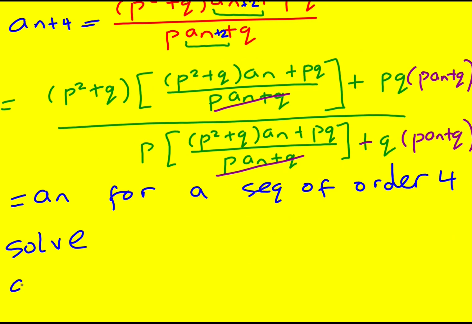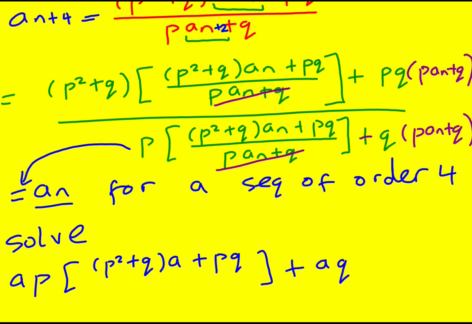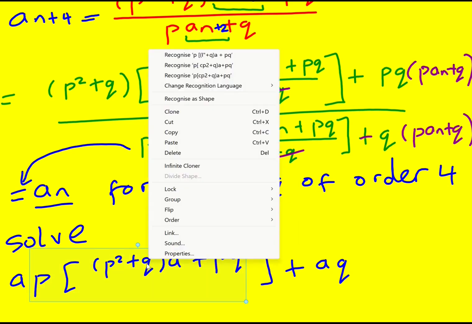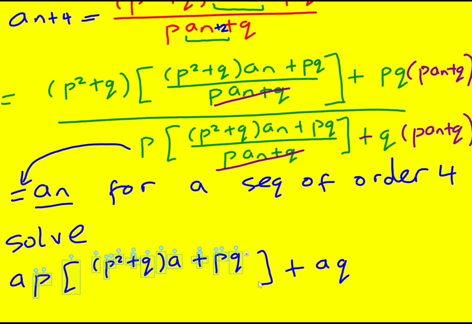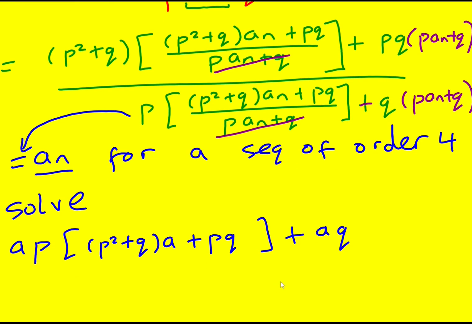So I've basically called this a and I've multiplied both sides of the equation by this denominator, and that is then going to equal that numerator.